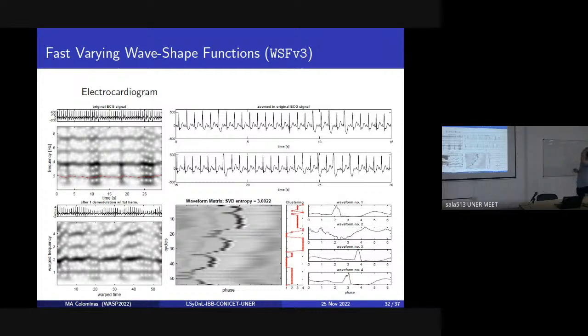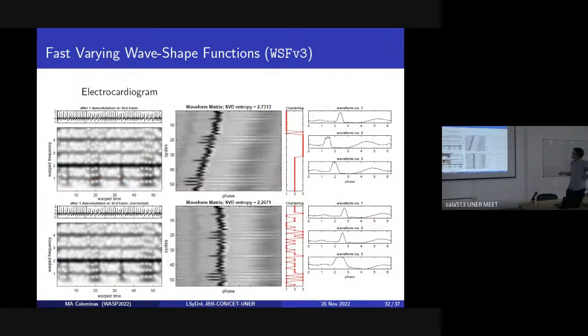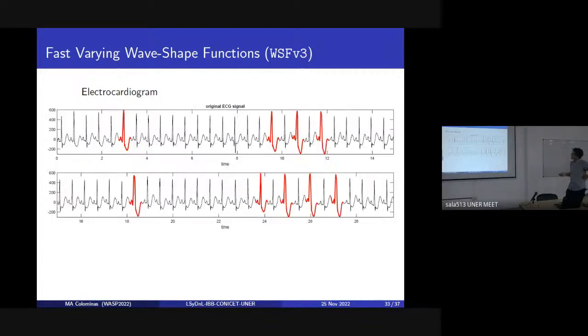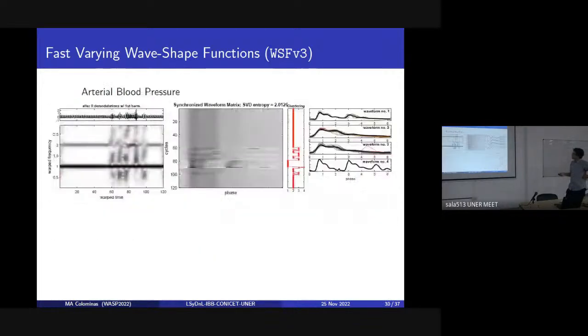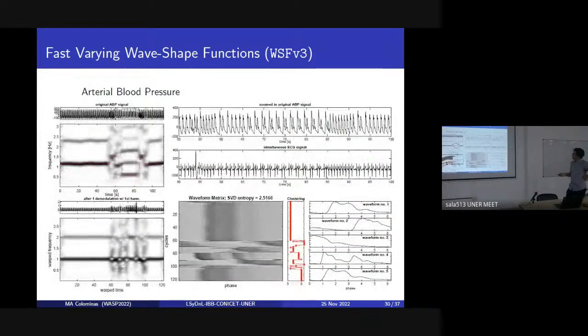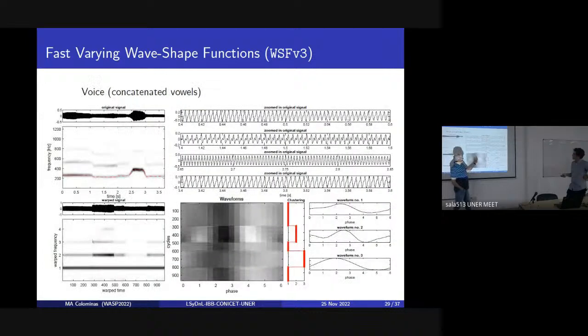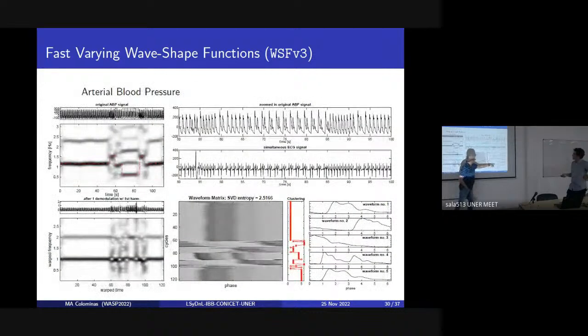I see some example. The problem is, here, the previous one. No, this one. The problem you have here is that there are small segments, smaller than your window size.